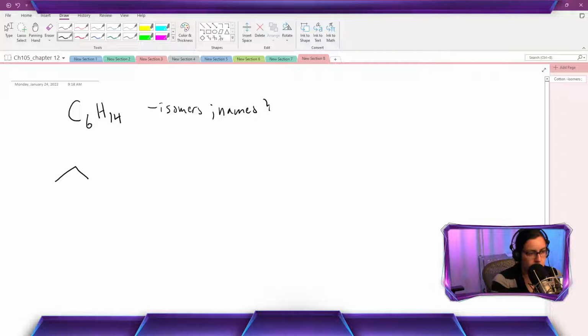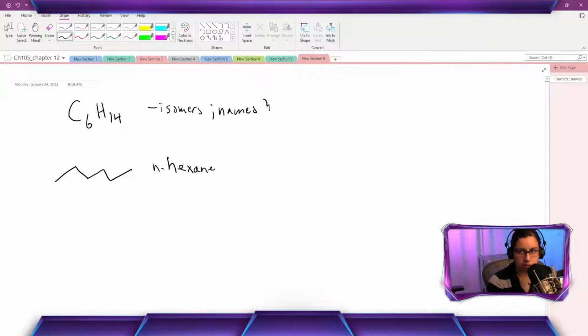So you can just start drawing out your hexane, your straight chain first. So there's one combination. So of course this is just hexane or n-hexane or straight chain.